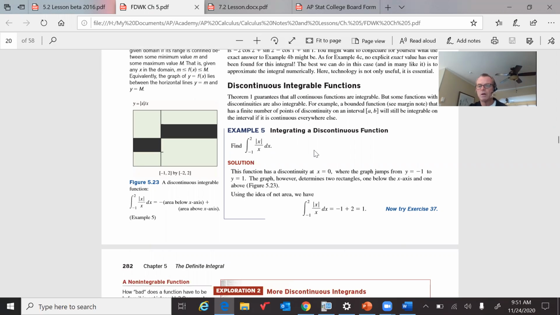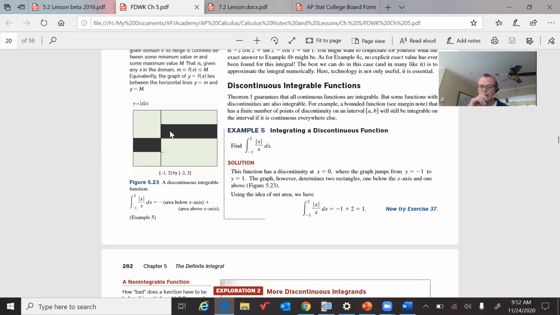So think about this. The numerator is going to have no sign. So the fraction is going to take on the sign of whatever the denominator is. So when the denominator is negative, the area is going to be negative. When you go to the right, the area is going to be positive. So you break this down into 2 separate rectangles.